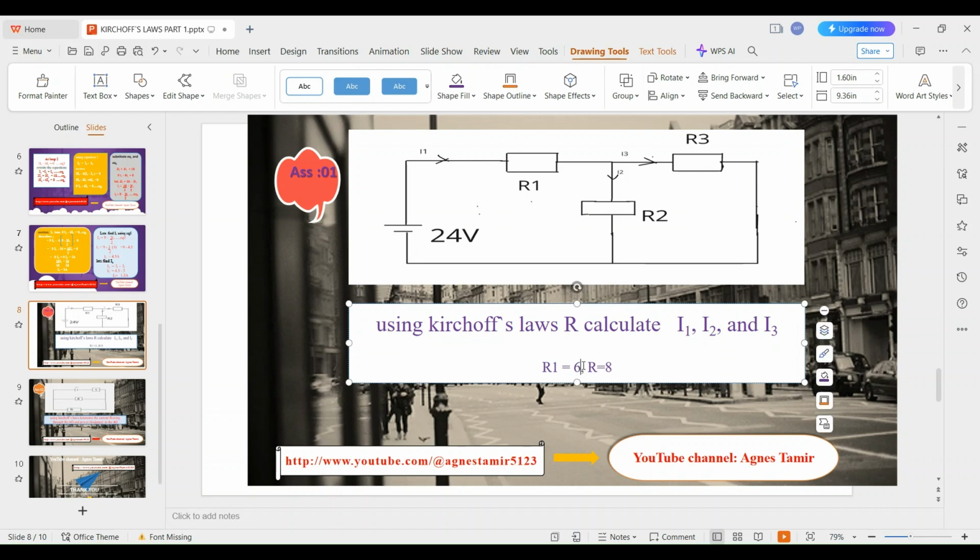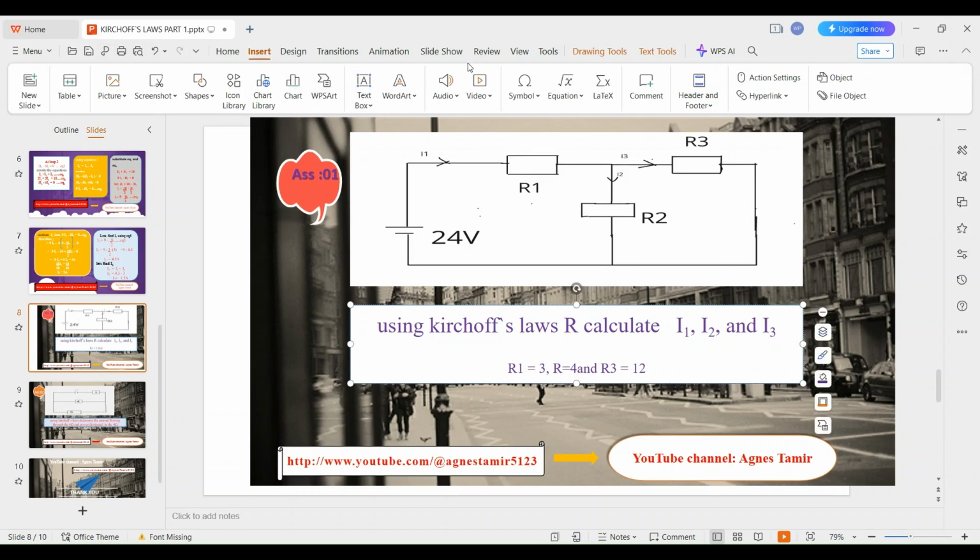R1 is equal to 3 ohms, R2 is equal to 4 ohms, not 8, and R3 is equal to 12 ohms. Let me insert the symbol.